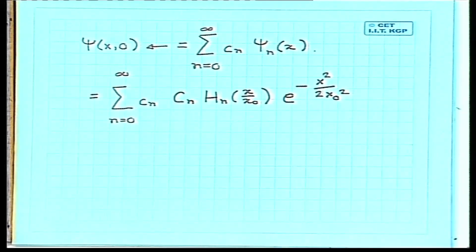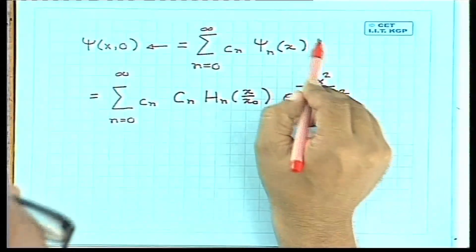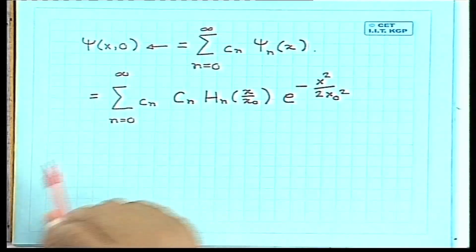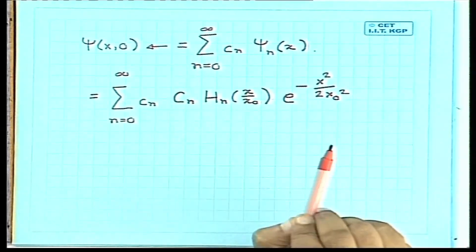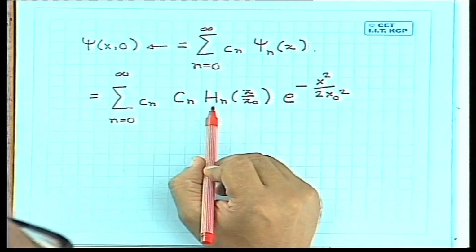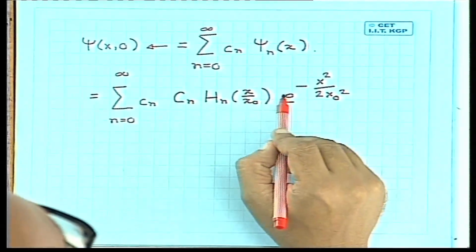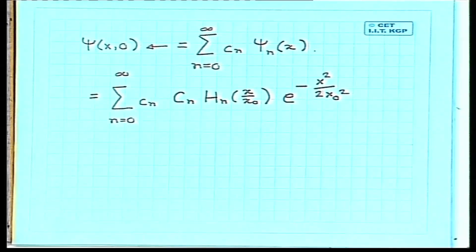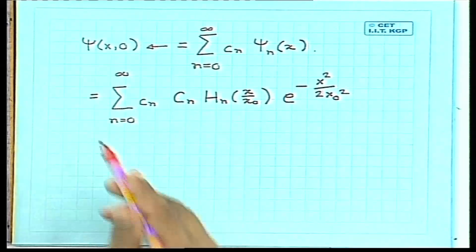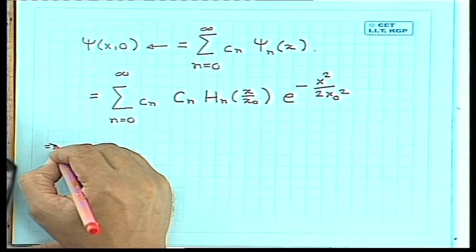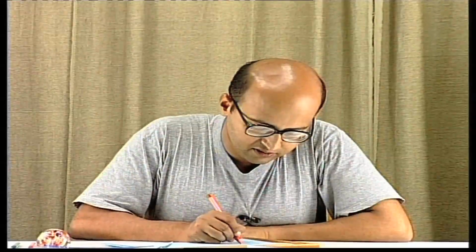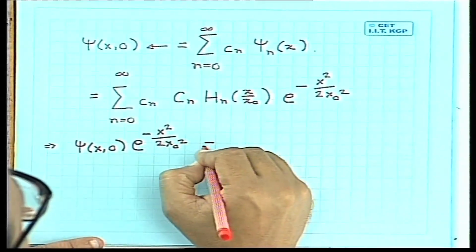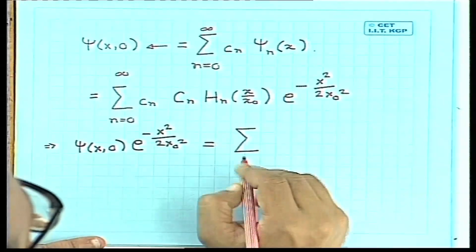This is what we just found, that each of these eigenfunctions can be written as a product of some normalization coefficient, the nth Hermite polynomial, and a Gaussian. What this means is that psi of x times e to the power minus x squared by 2 x naught squared is equal to this sum.